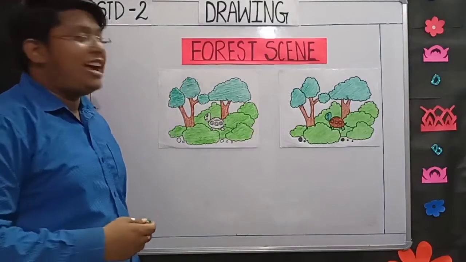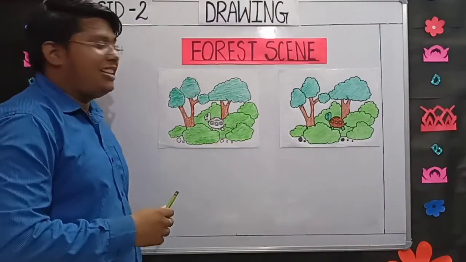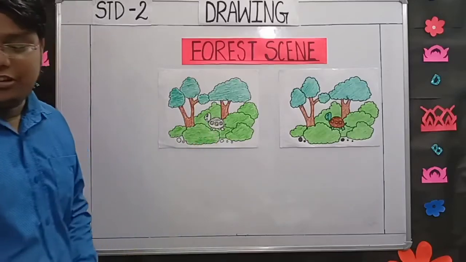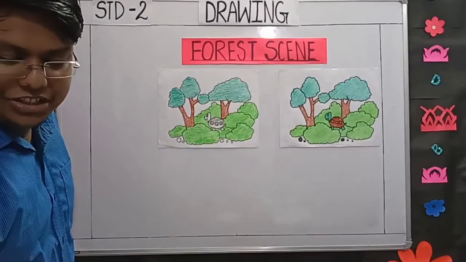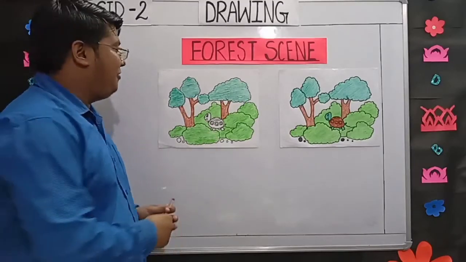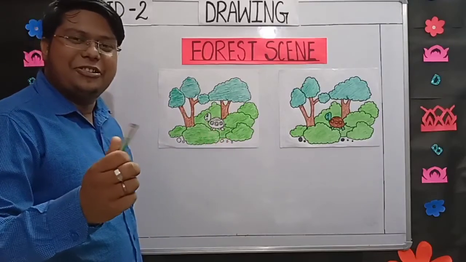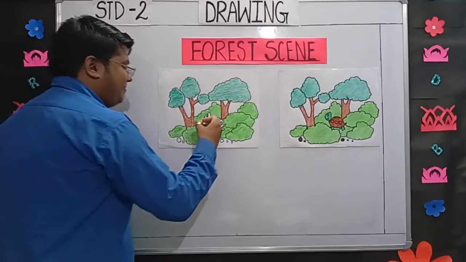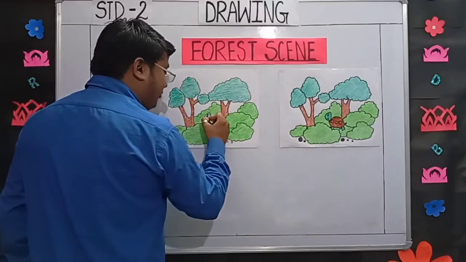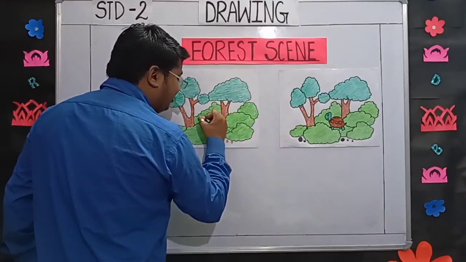So, students, as you can see, I have finished coloring the bushes. Now, we will color the tortoise. For the shell we will use brown color, and for the head and toes, we will use dark green color. This is a very small place, students, so please be careful while coloring.